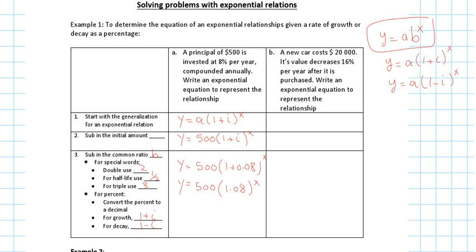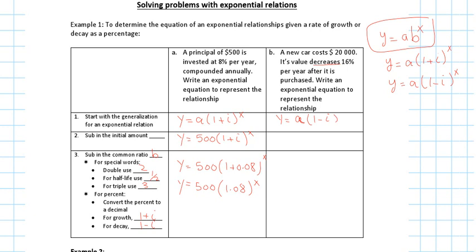The decay. Which formula do I use? The decay, the negative one, right? Because I have the word decrease, right? So these are your key words. So you're going to have to use 1 minus i to the power of x, right?